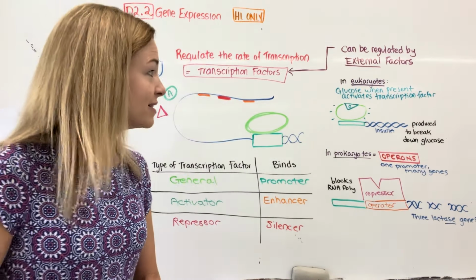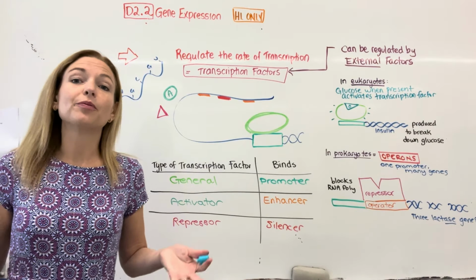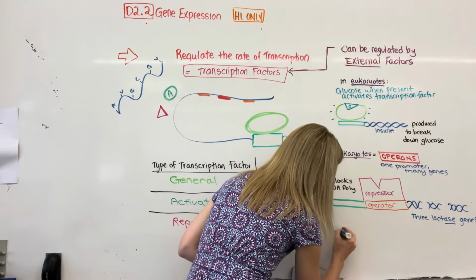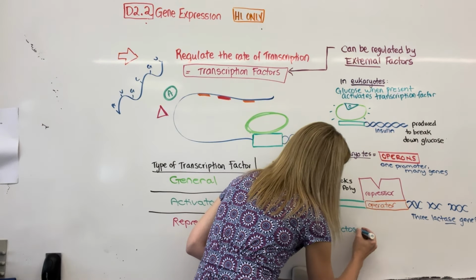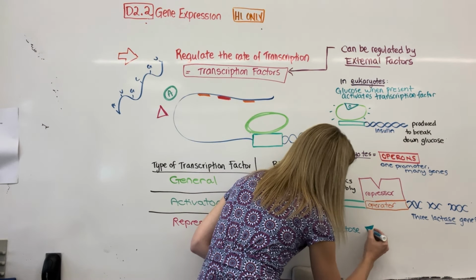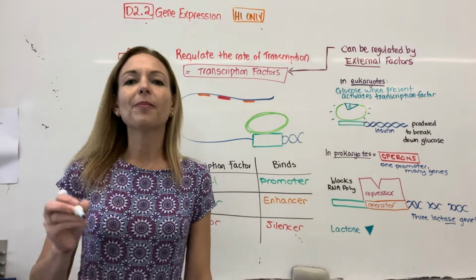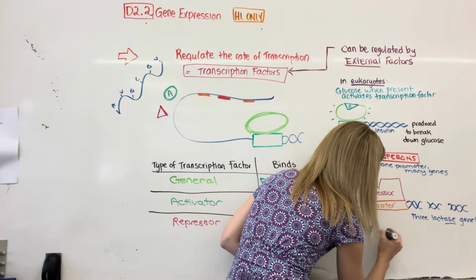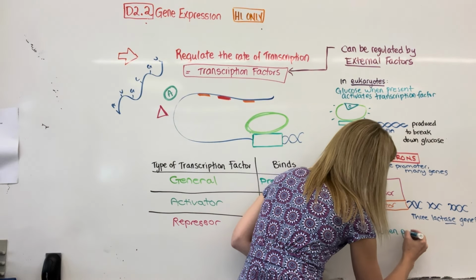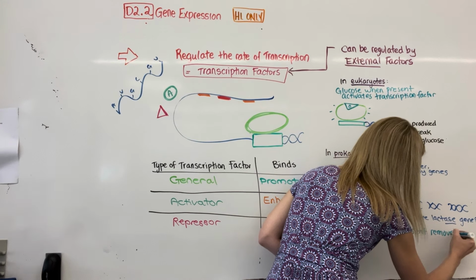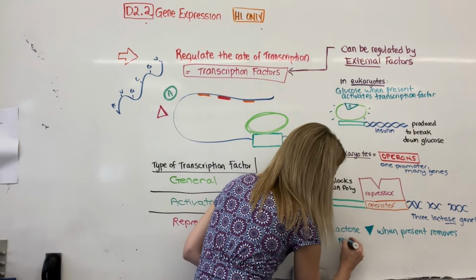In the event that it needs to break down lactose, when lactose is available, it would remove the repressor. Lactose has a shape that's compatible to the repressor. And so lactose, when present, actually removes the repressor, allowing for lactase to be made.